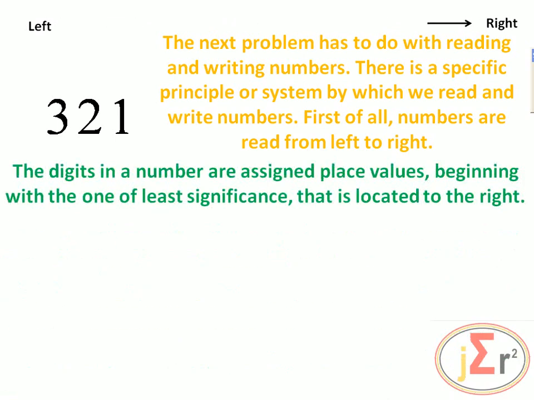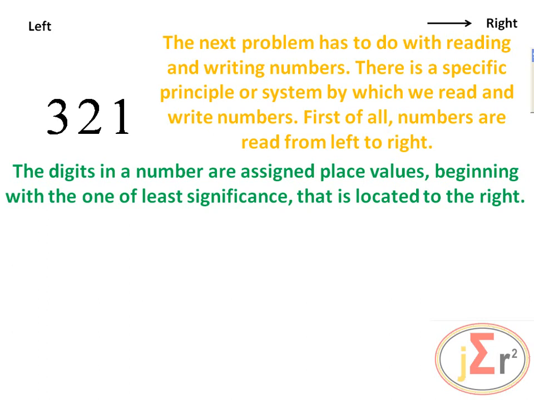The digits in a number are assigned place values, beginning with the one of least significance.